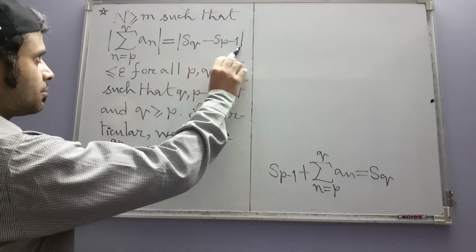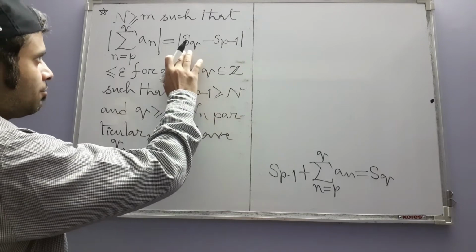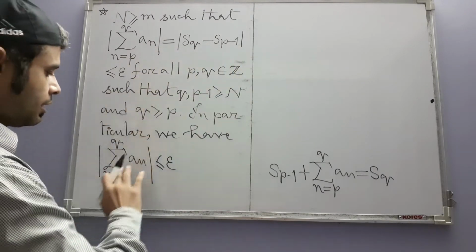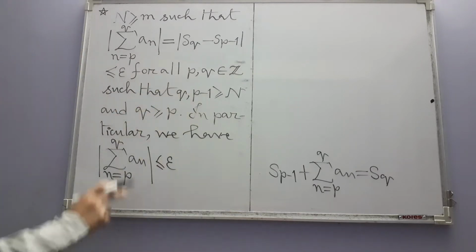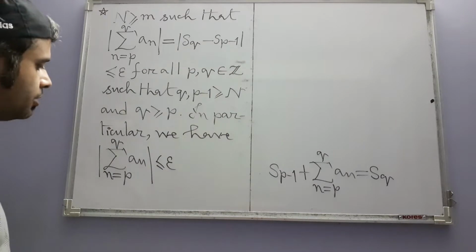Now we need not bother about this numerical difference, because all we wanted is to link this thing with epsilon, and that we are getting here. So now we will just think of this and epsilon, and of course these conditions.